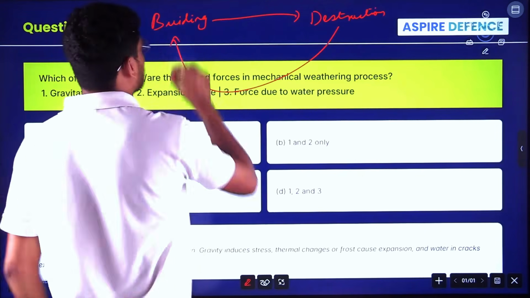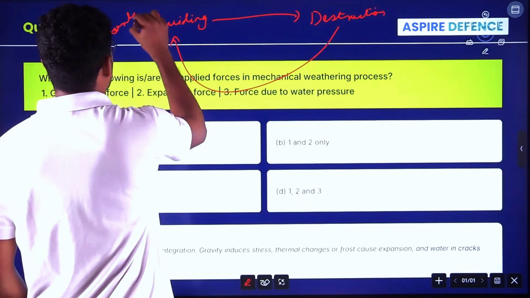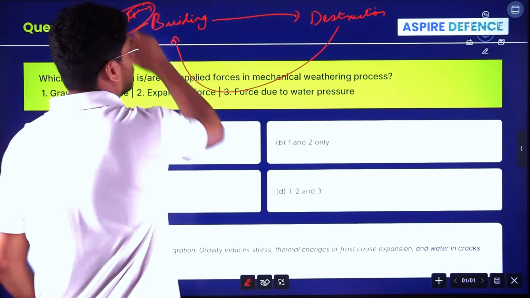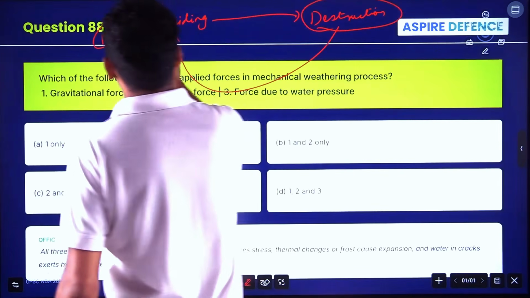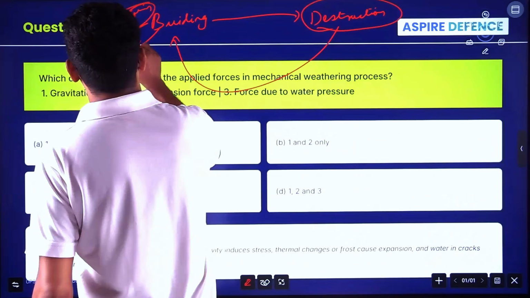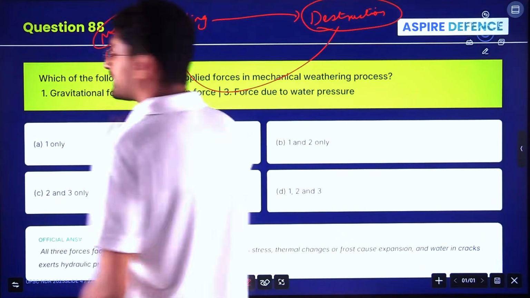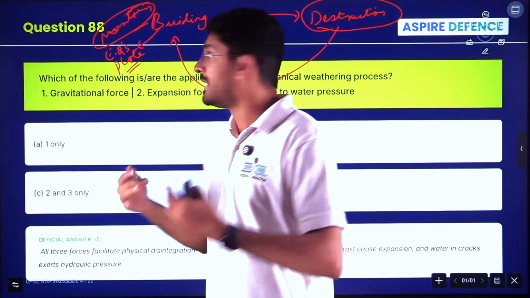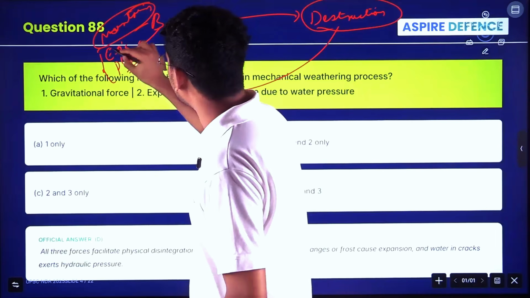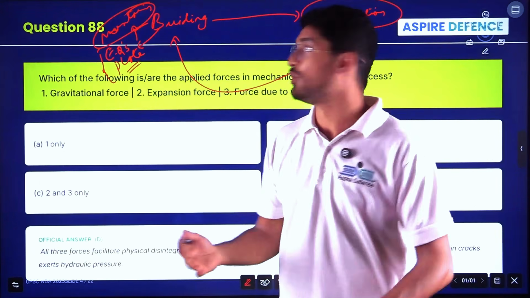There can be mountain building, and there can be destruction. Mountain building can happen due to earthquakes, due to plate movements. Earth is made up of several plates, right? Major plates and minor plates. Plate movement might cause earthquakes and might lead to mountain building, building of new features.